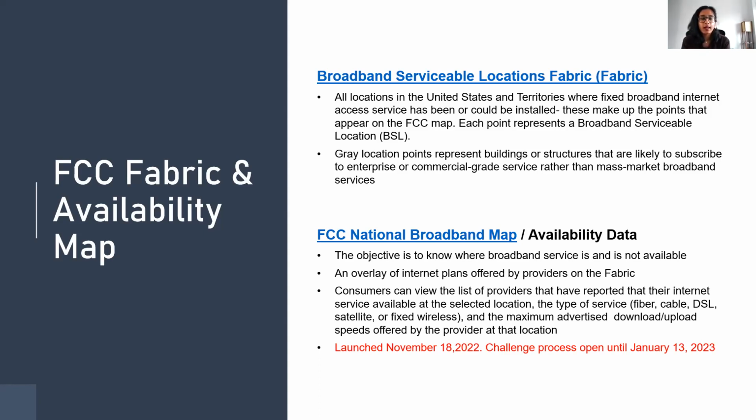It is an overlay of the internet plans offered by various providers onto the fabric layer that we previously discussed. Consumers on the availability map can view the list of providers that have reported internet services available at the selected location, the type of services, whether that's fiber, cable, DSL, satellite, or fixed wireless, and the maximum advertised download and upload speeds. That's pretty much all the information on there.